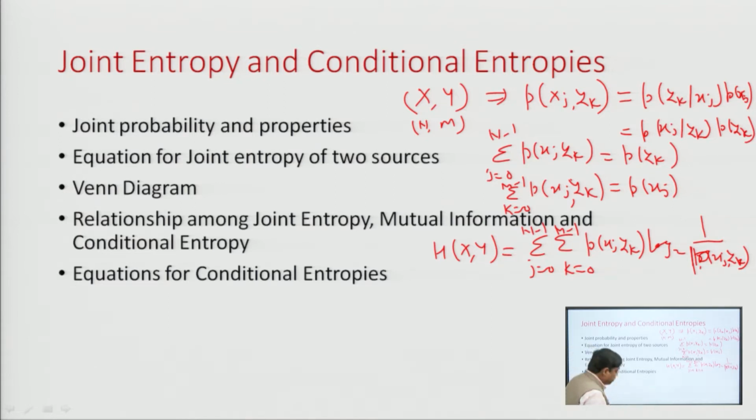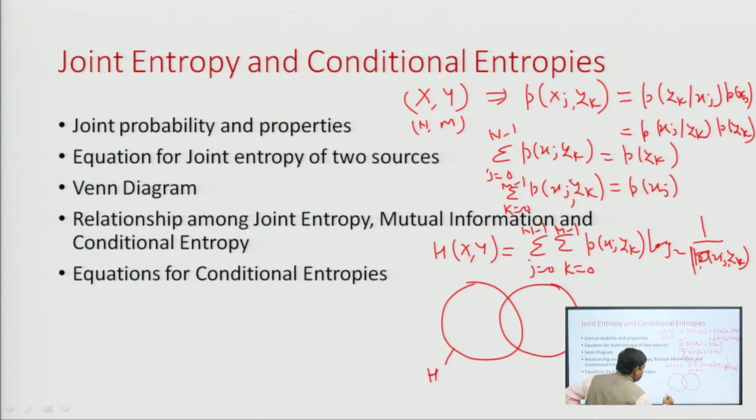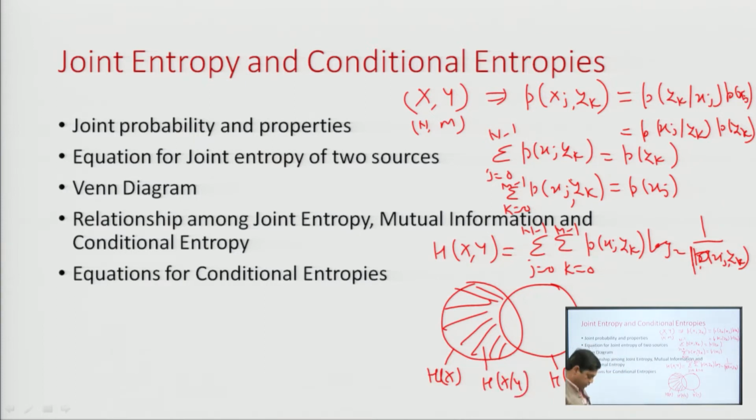Through the Venn diagram we can see, if this is source X with its entropy H(X), and this is source Y with its entropy H(Y), then the uncommon part is the conditional entropy H(X given Y), that is the entropy of X when Y is known. On the Y side the uncommon part is the conditional entropy H(Y given X), that is the entropy of Y when X is known.